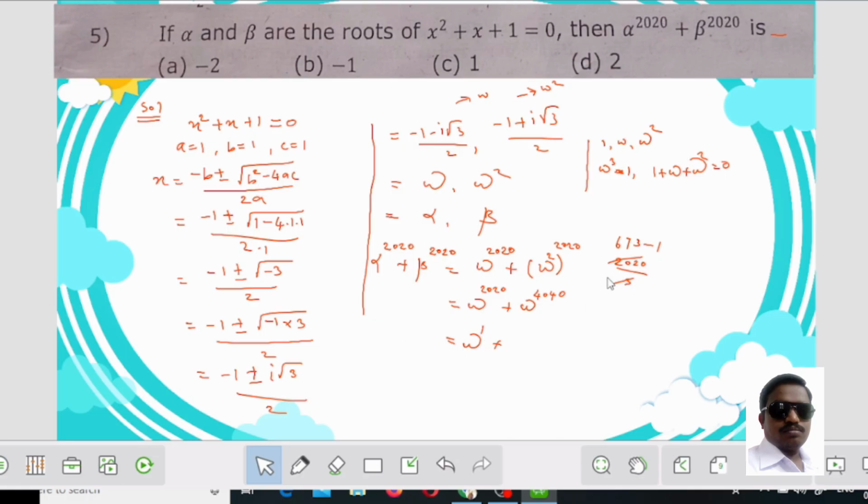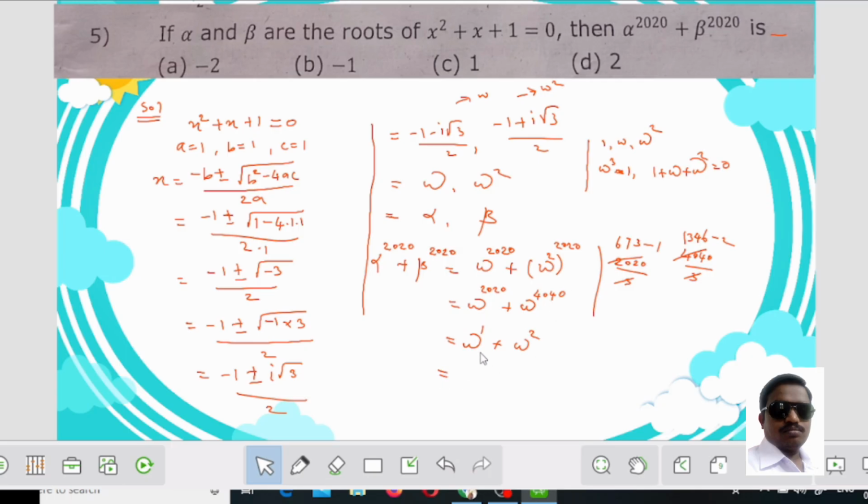Plus similarly, you can divide 4040 by 3. 1 3 in 4, remainder 1, 10. 3 3s are 9, remaining 1. 14 in 14, 4 3s are 12, 2. 6 3s are 18, remainder 2. So instead of writing 4040, you may write 2 here.